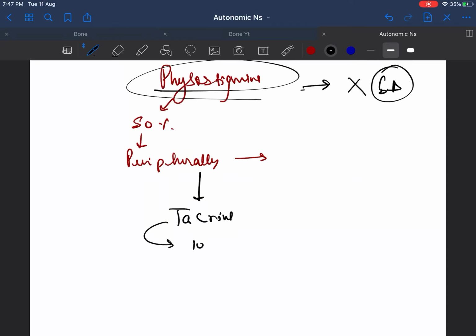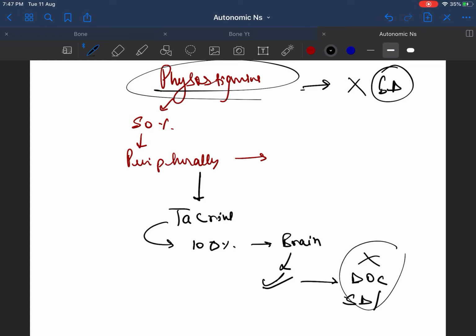Tacrine has 100% entry into the brain, and it worked wonderfully. So for a long time, it was the drug of choice for senile dementia or Alzheimer's dementia. But nowadays, it is not the drug of choice because of its side effects. First, it is very short acting. Second, it is hepatotoxic.